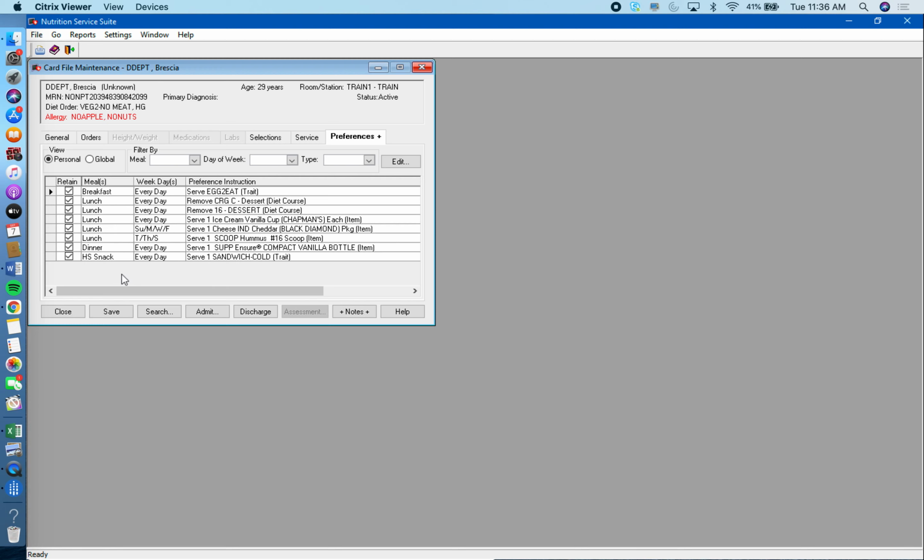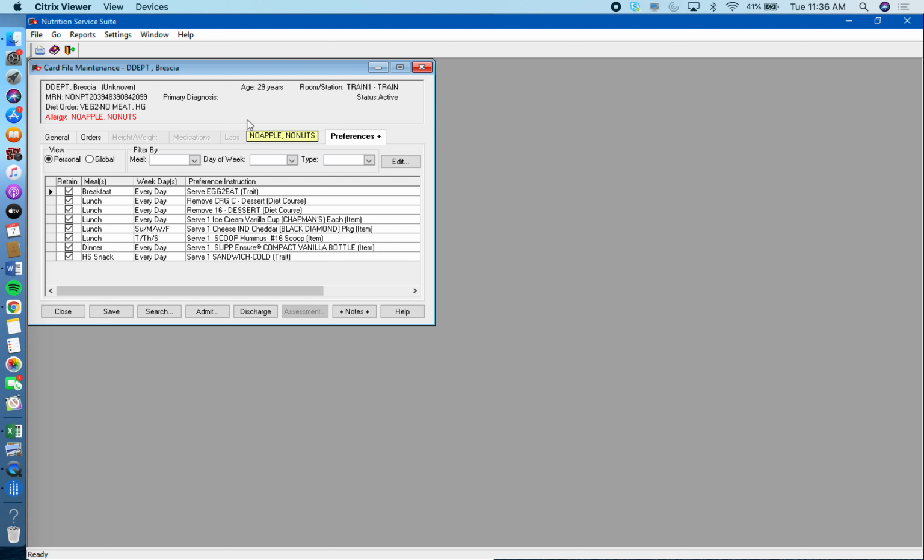Next, what is this patient's diet order? Up here, right under diet order, we can see they're veg 2, no meat. We'll talk about what that means when we're answering the next question, which is what foods aren't allowed on this diet. Here, I will refer you to the diet descriptions document. This tells us all the different types of vegetarian diets.